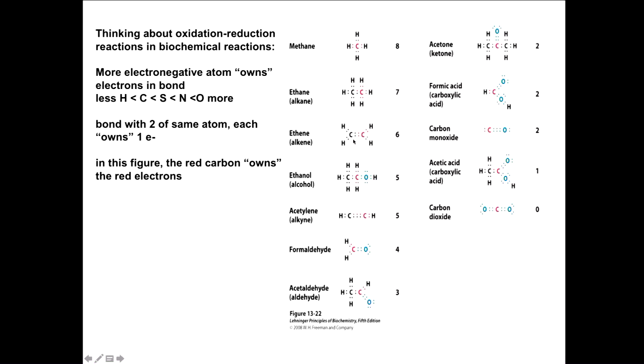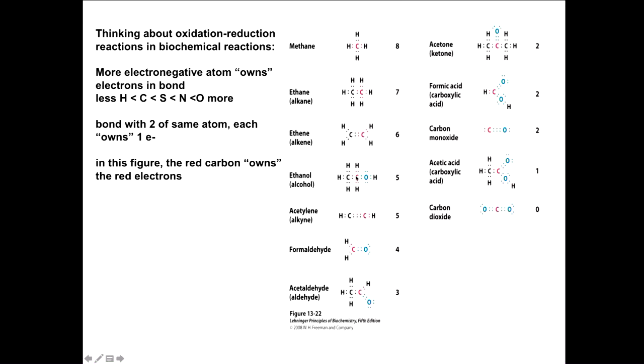Go down a little farther with ethene, and you have a double bond, so the carbon is sharing 2 bonds with the other carbon, so it only gets 1 electron from each of those 2 bonds, and then both electrons from each of the bonds with hydrogen, so it's down to 6 now.